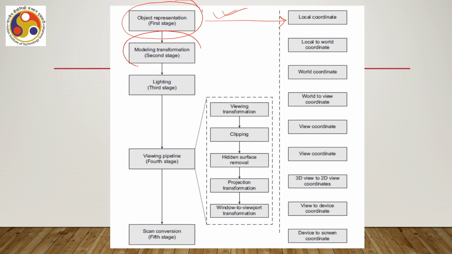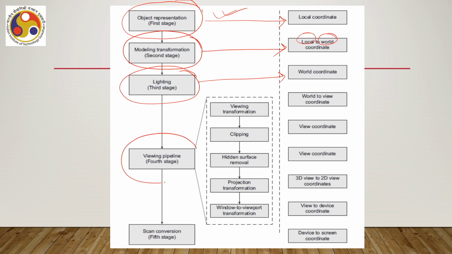The second stage is modeling transformation, in which the local coordinate description is transformed to a world coordinate description, that is local to world coordinate transformation. Third is the lighting stage, which takes place in the world coordinate reference frame.